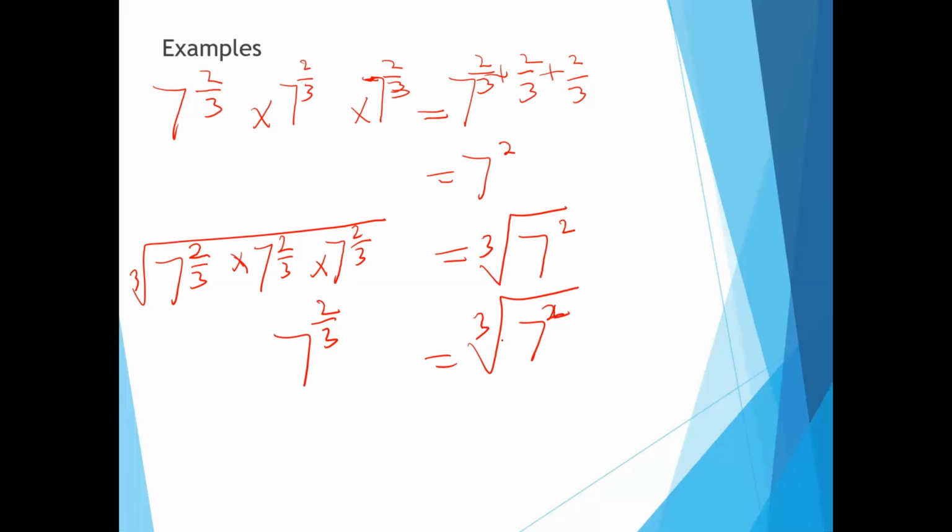And it means that we can also extend this to any number. When we have the square root, there is a 2 here, but we normally don't write it. So square root of 3 will be 3 raised to the power half.